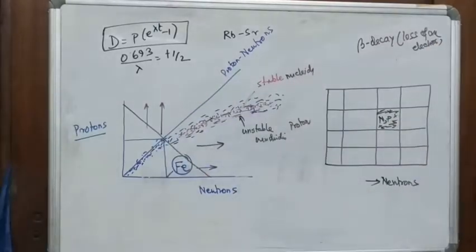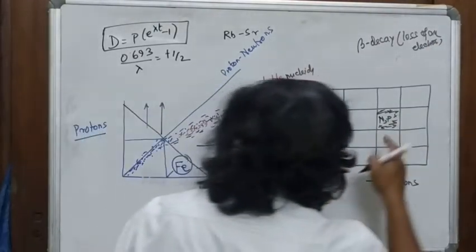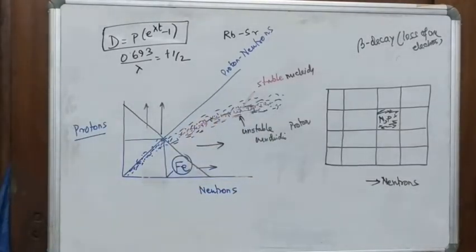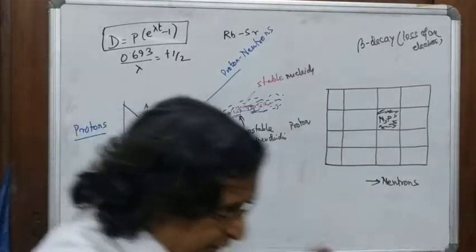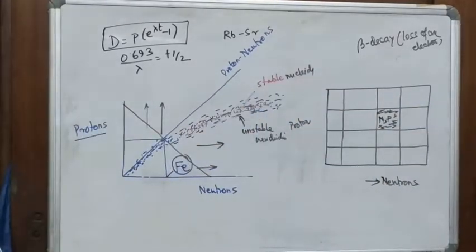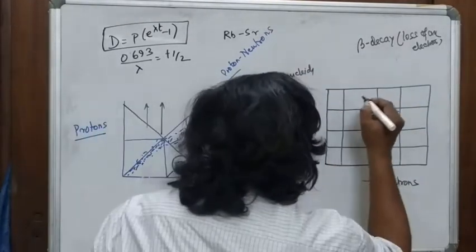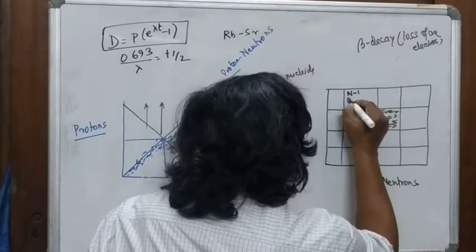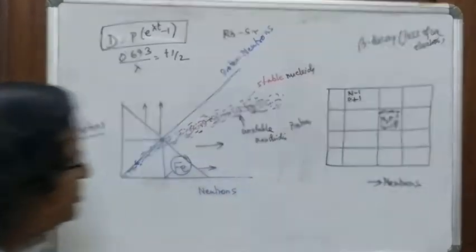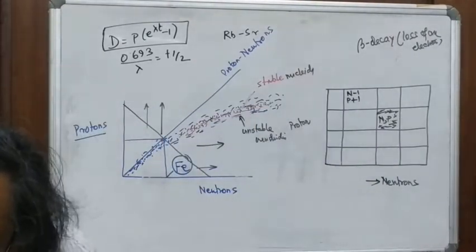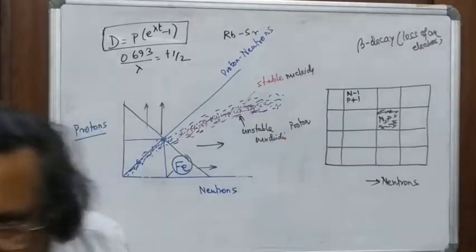Loss of an electron. So if it's a loss of an electron, a neutron becomes a proton. Isn't it right? If there is a loss of an electron, then a neutron converts to a proton. So essentially what we have is N minus 1 and P plus 1, because the number of protons increased by 1 and the number of neutrons decreased by 1.